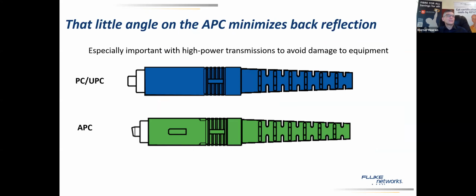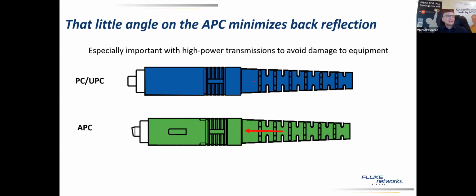In these PON networks, we see more and more APC connectors. Why is that? Very often, to cover a longer distance, you will use single mode fiber with laser sources. These are powerful light sources, and you could maybe harm some equipment or your test equipment. With standard UPC connectors, the light will be reflected back within the fiber.